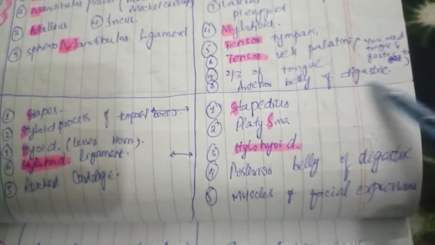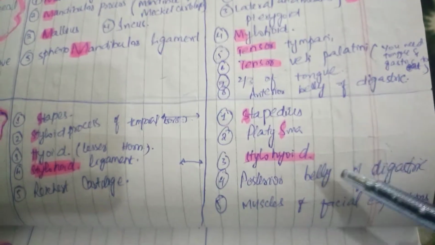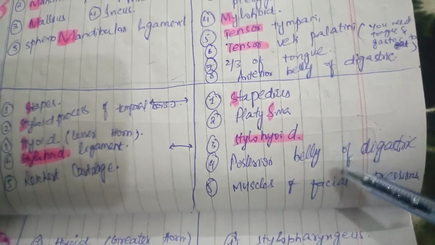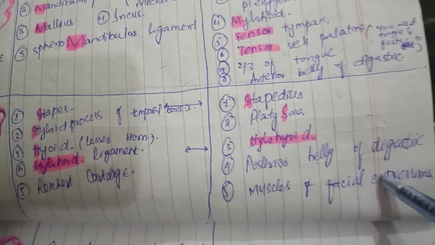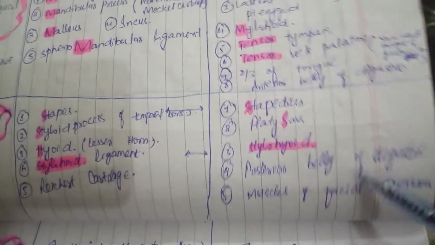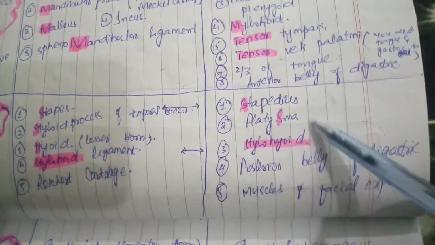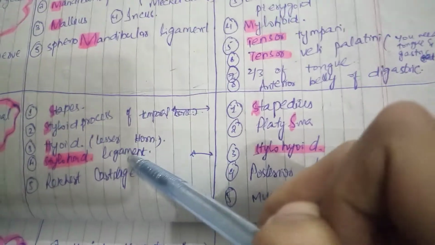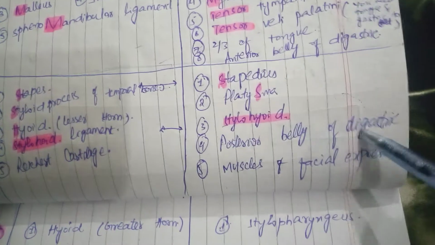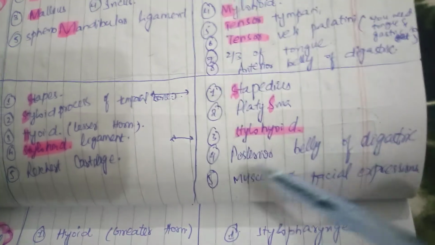Now the anterior belly of digastric was in the first section, so the posterior belly of digastric is in the next section. And the muscles of facial expression that are used for smile. So now stapedius; platysma is something unique, you have to remember platysma. Stylohyoid, posterior belly of digastric, anterior belly of digastric, and facial expression for smiling.